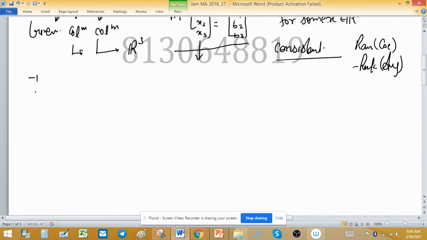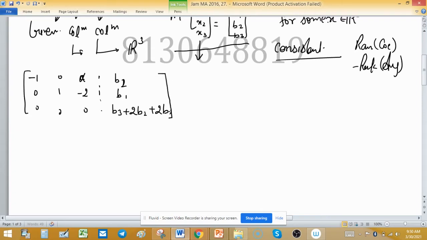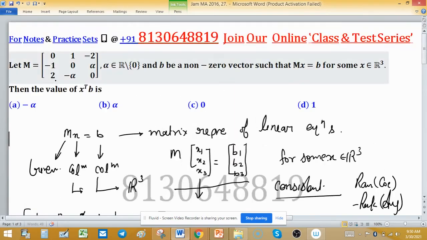Matrix M as 1, -1, 0, 0, 0, 1, 0, alpha, -2, 0. This is a matrix. B2, B1, and this is B3 plus 2 times B2 plus 2 times B1. This is a row reduced matrix for the given matrix.